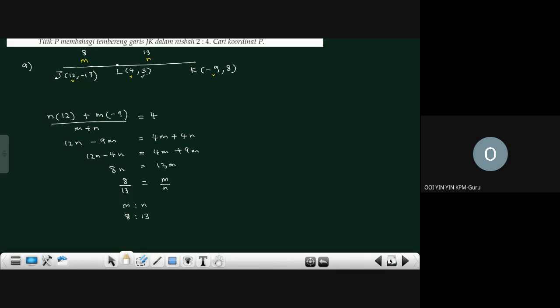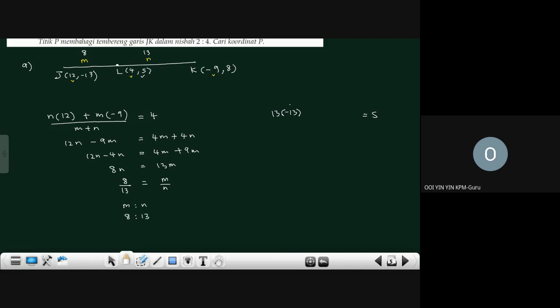So now to find our coordinate s, yeah, I can write like this. To become s, actually we use our y1 multiply with our ratio n, right? So it's 13 multiply with negative 13 here.